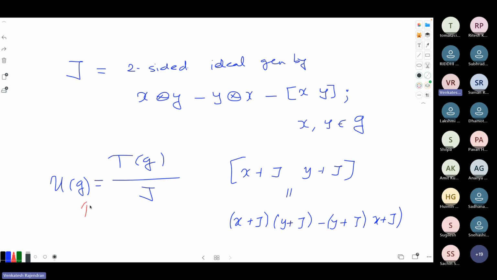This is called the universal enveloping algebra. We defined it by explicit construction, and one can also define it using the universal property. Before that, let's observe something about this algebra.